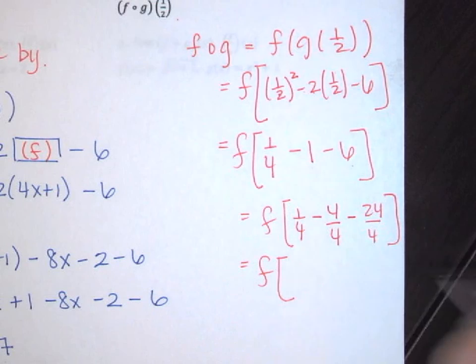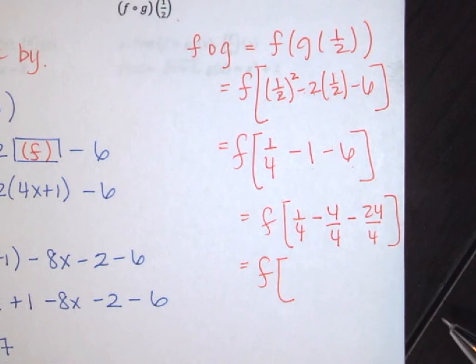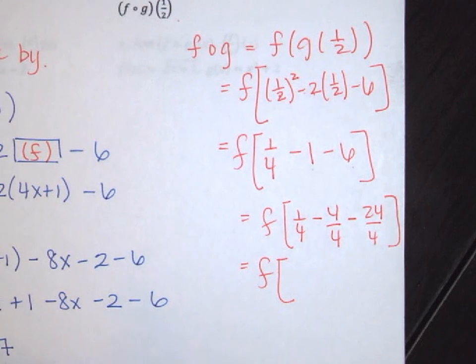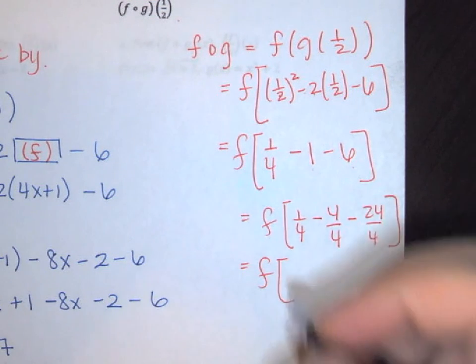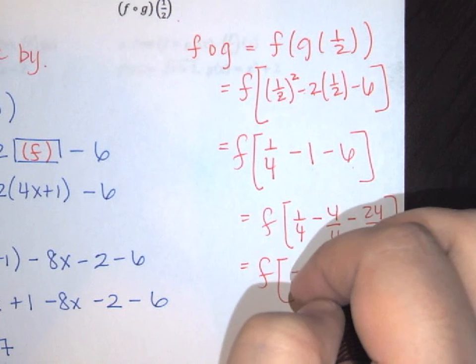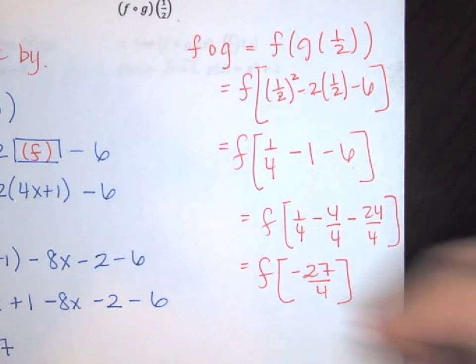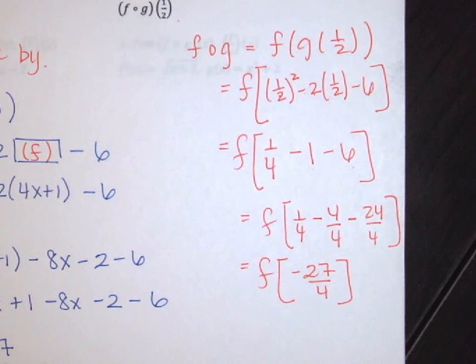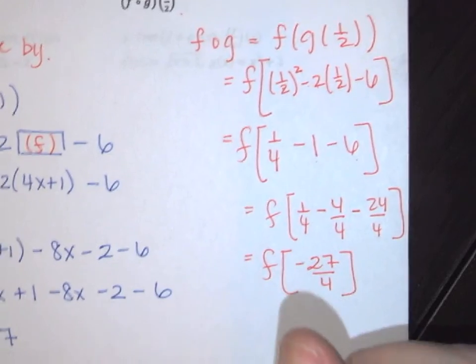Once you do that, you're going to subtract across the top and keep the bottom, so this is going to be 1 minus 4 minus 24, which gives you a negative 27 over 4. And that is going to be input into your f function.